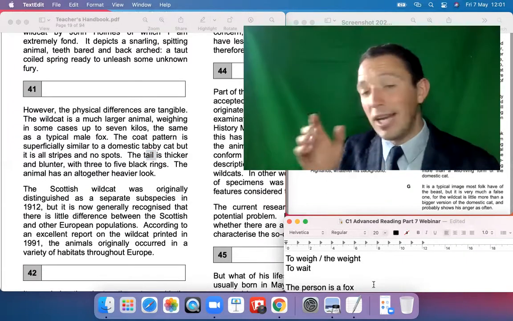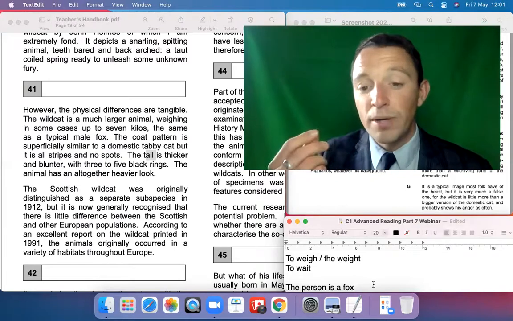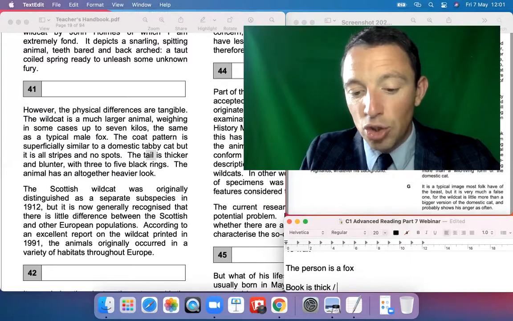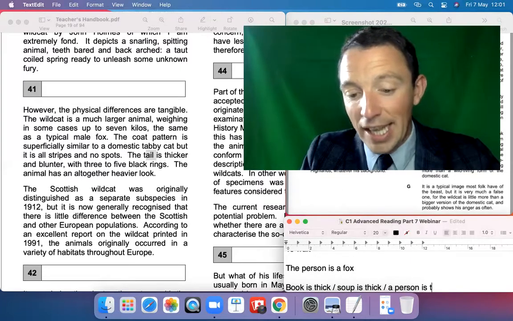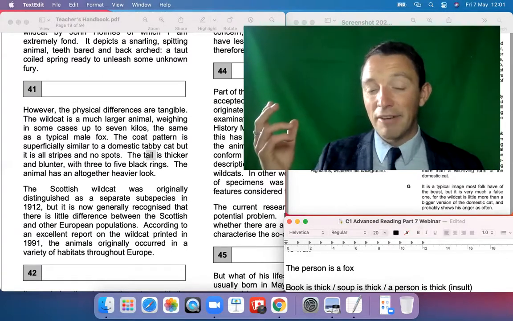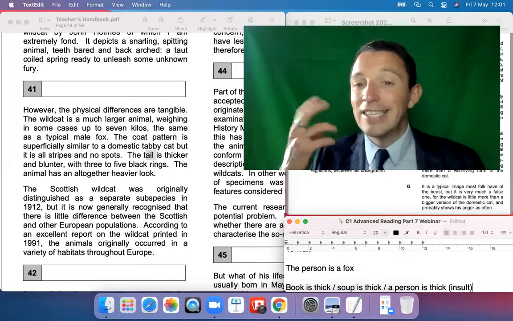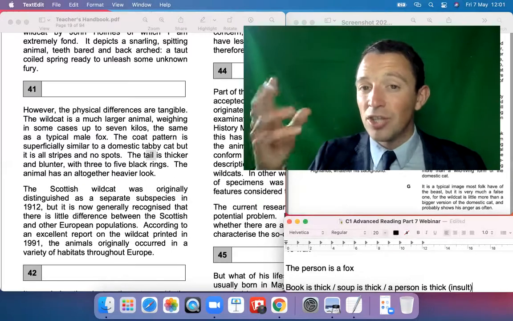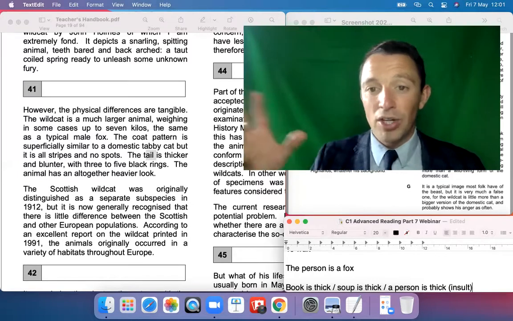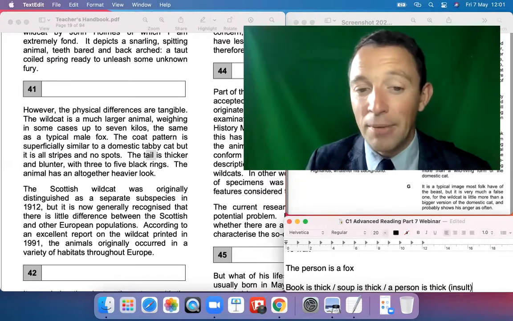For example, the book is very thick, the soup is very thick. Okay, so the book is thick, the soup is thick, and it's possible a person is thick, but that's really an insult. If the person is thick, the significance is they are maybe silly, but it's a vulgar insult like stupid. And it's very typical in conversation that the person is thick and it's a bit rude and impolite.